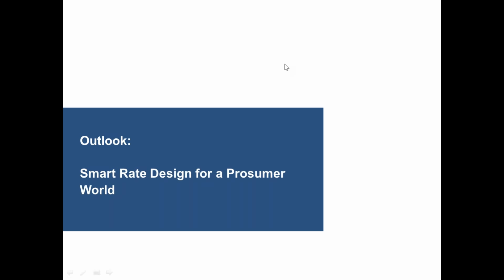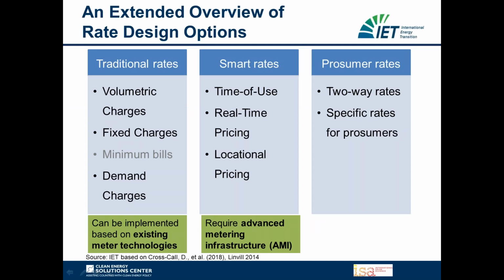So this was, well, the quickest possible summary of the three major design features of traditional rate making, looking at residential, looking at volumetric, fixed, and demand charges. In the next session, you will actually learn more about so-called smart rate design.